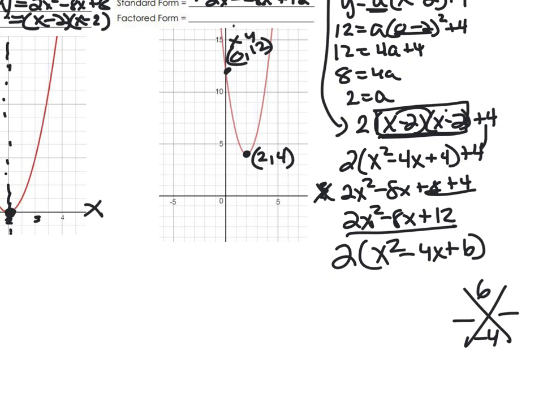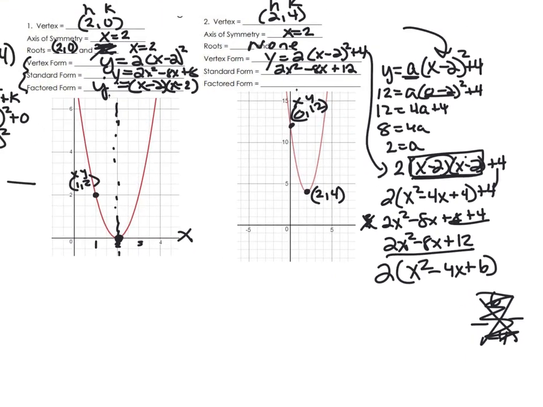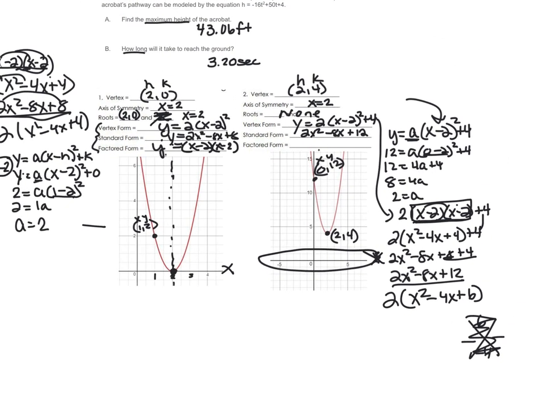That's not going to work. Factored form is solutions, right? Do I have any solutions there? So there's none. Oh, I guess you could pull out your common factor, couldn't you? So 2 times x squared minus 4x plus 6. That's as far as you can factor it.